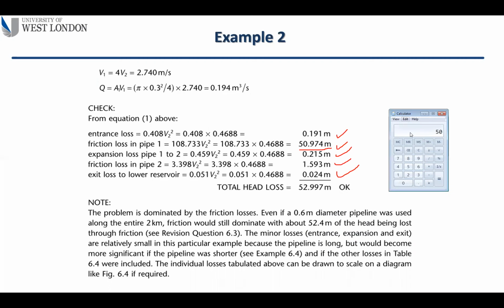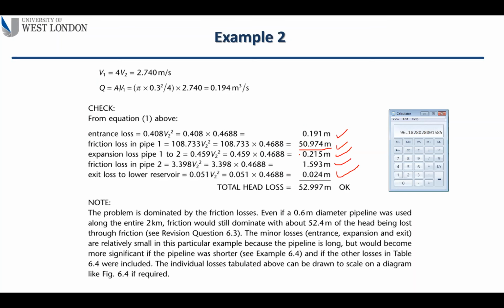For example, if I calculate how much percentage is made up by the friction in pipe 1, it is 59.74 divided by 52.997 times 100. You can see here that 96% of the total head loss is lost in friction loss in pipe 1. You can see how big it is.